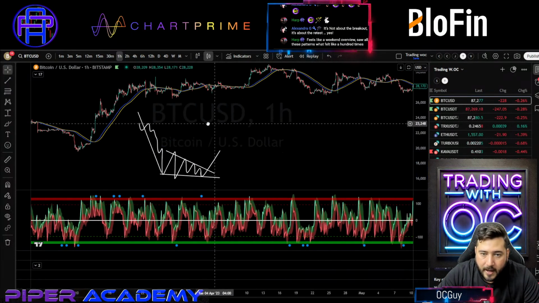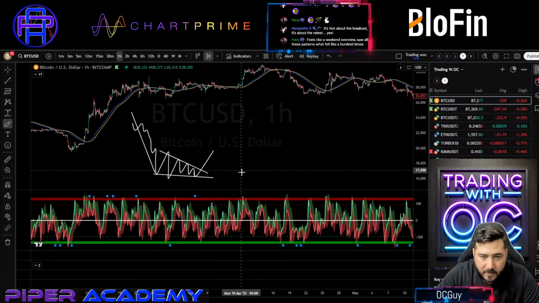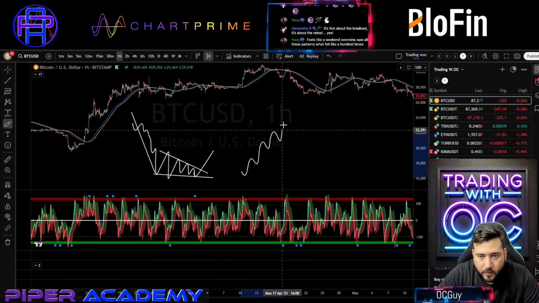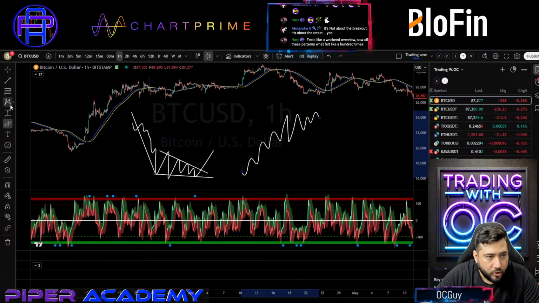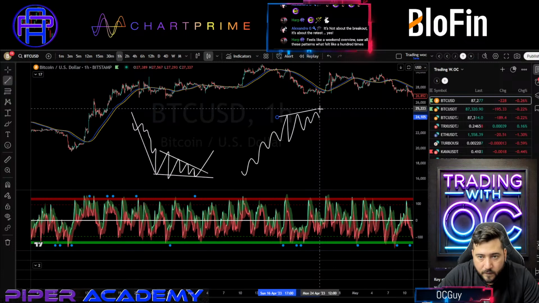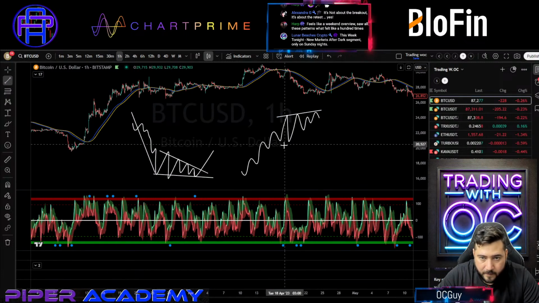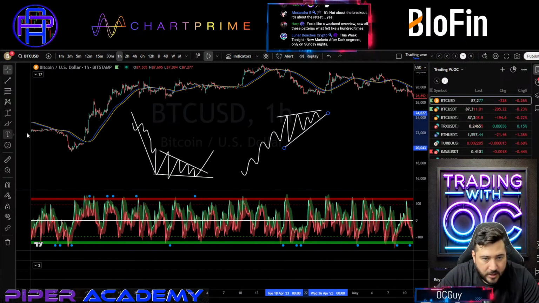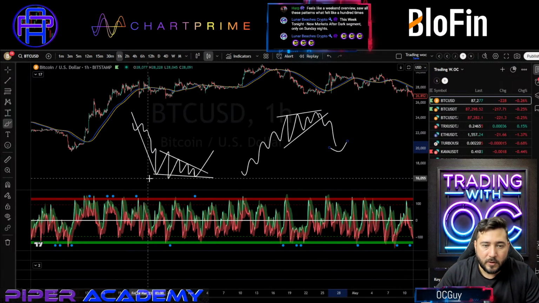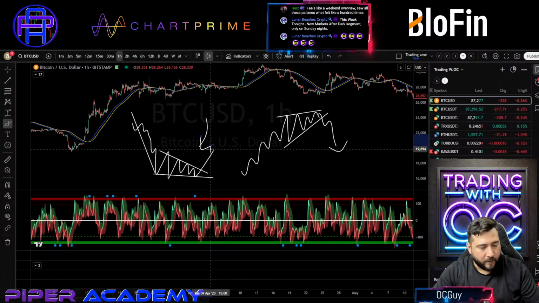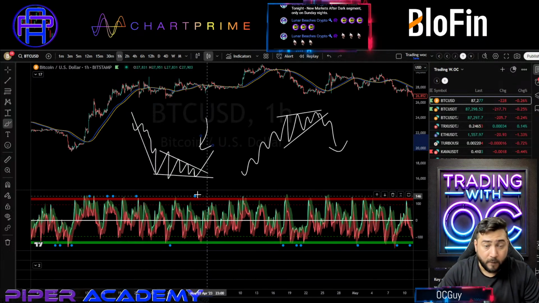When we are at the top and we mimic this the other way around, usually that is also a reversal pattern, all right? And we tend to break to the downside. So we're going to be looking more like this. This is one of the reversal patterns that we could be looking for.